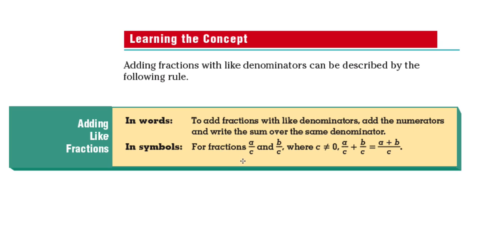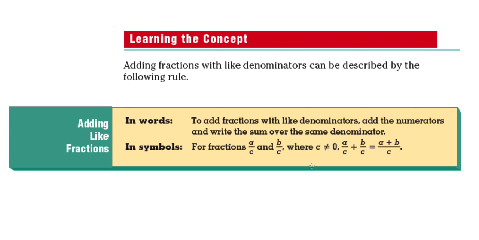In symbols, for fractions a/c plus b/c, where c is not equal to 0, this restriction is here because we cannot divide a number by 0 or else the number will be undefined. So we're putting that restriction so everything will be defined. a/c plus b/c is the same as (a plus b)/c. So you're adding your numerators, keeping the denominator the same.